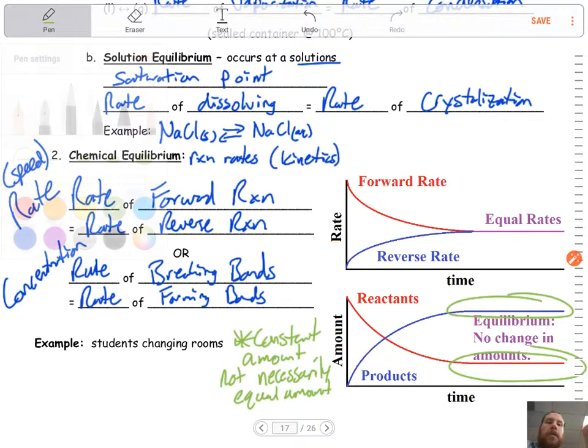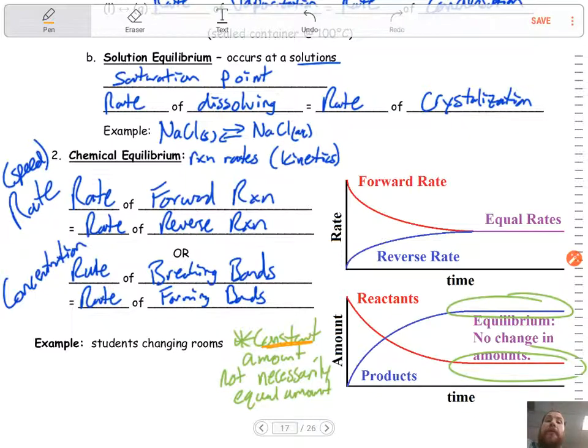That's something you've got to know, and I know a lot of people are going to miss this. So constant amount, not necessarily equal, in terms of the concentration. Notice how both have flat lines, so their amounts are staying constant, but they're obviously not the same amount because one is lower than the other.